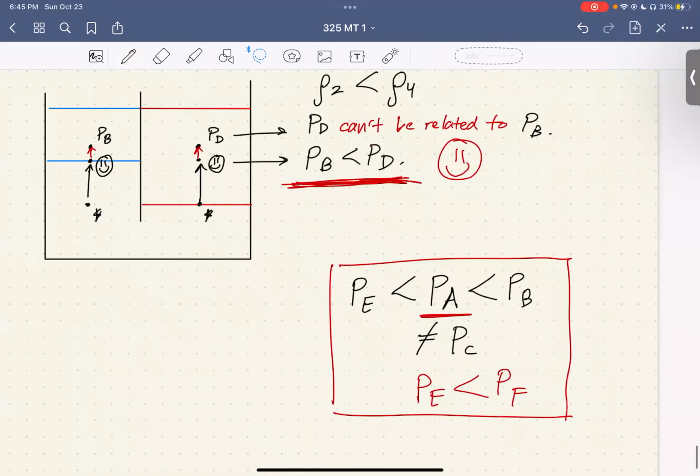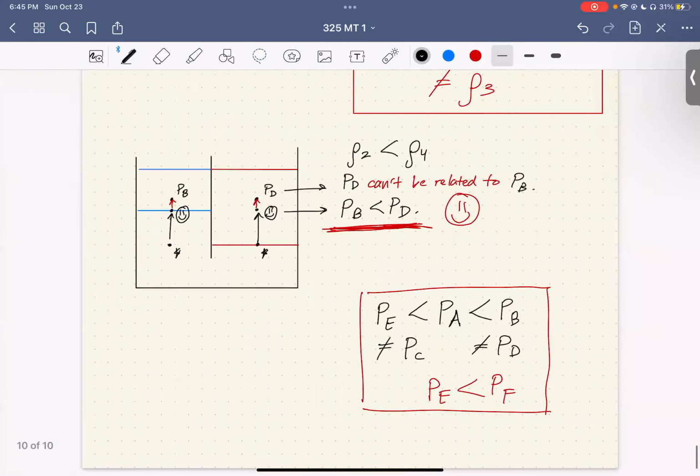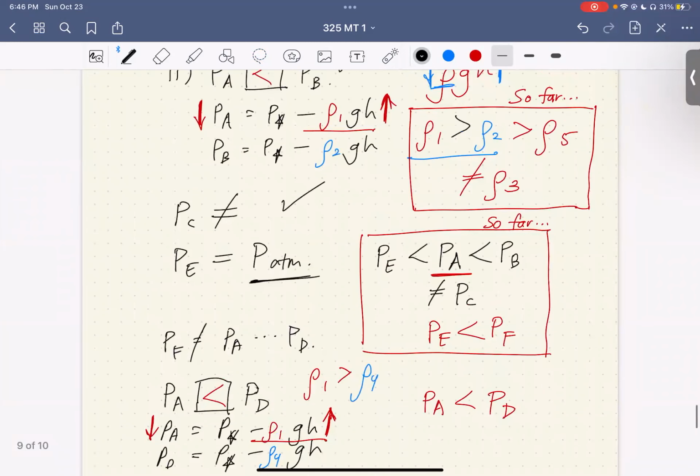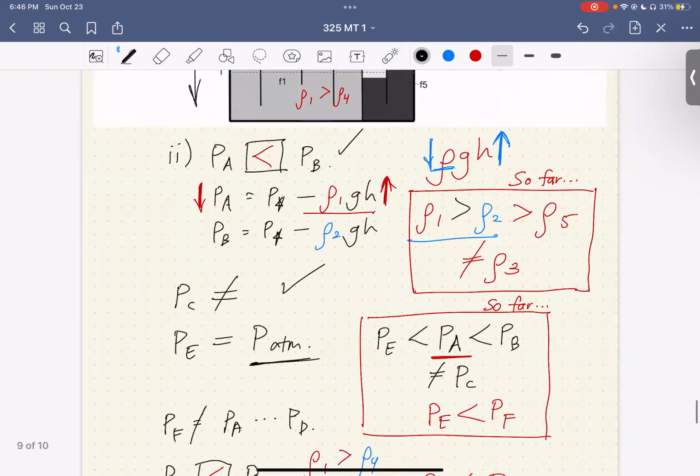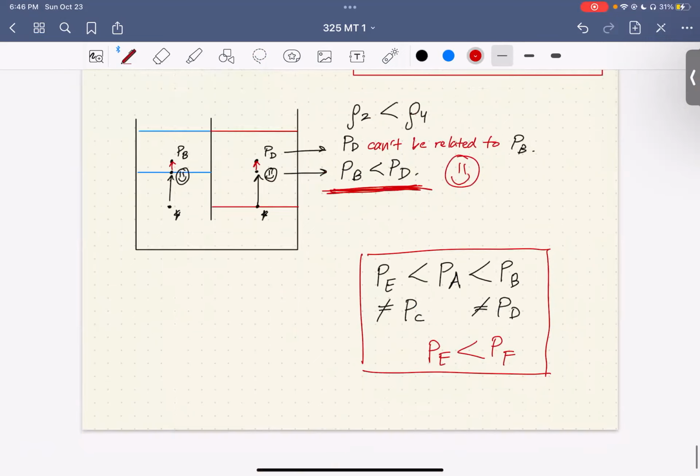We know PE, PA, PC, and we also know we can't relate PD, right? And we know PE is less than PF. Great. But we also do know that PA is less than PD, so we do still want to include that in here.